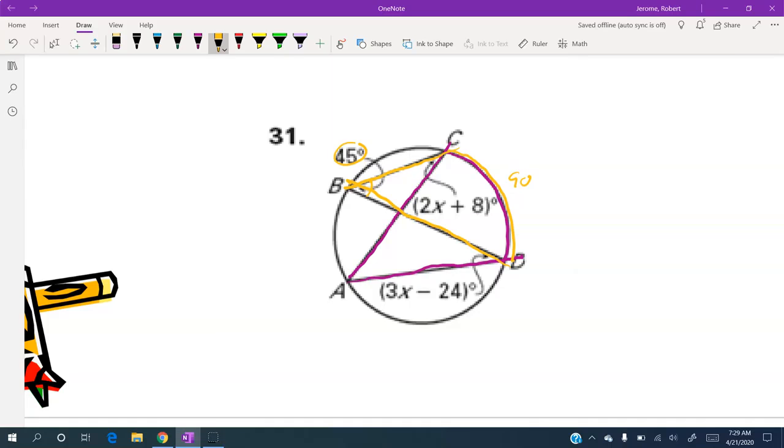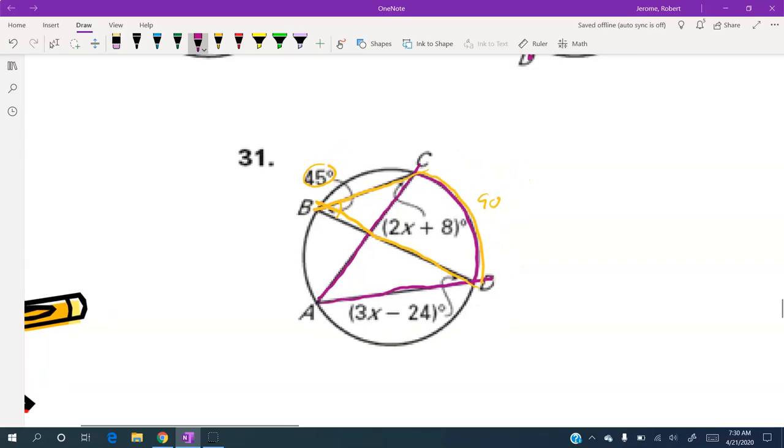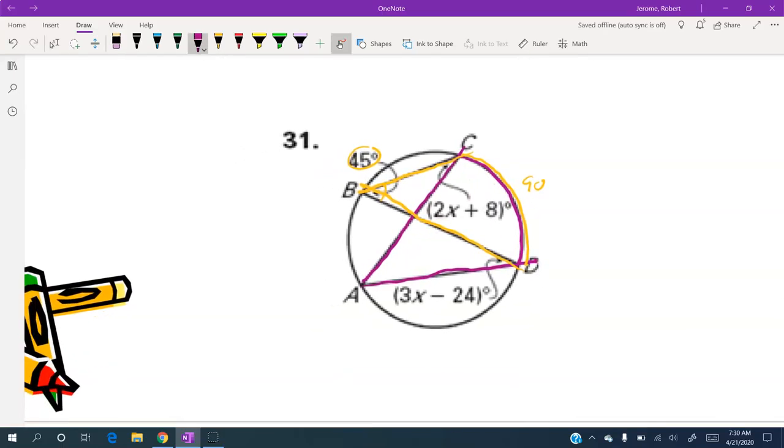Since the arc is 90, we're going to take that arc measurement and trace it back to that angle, and angle A is 45 degrees.